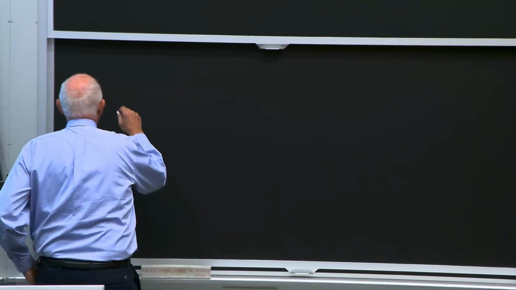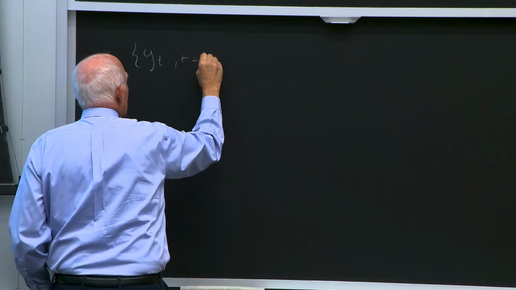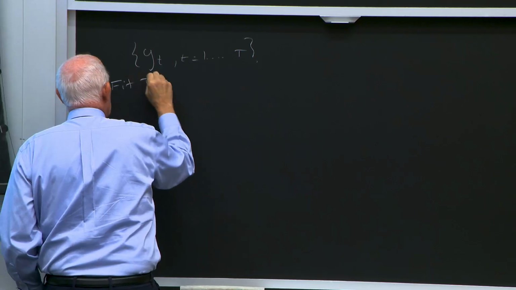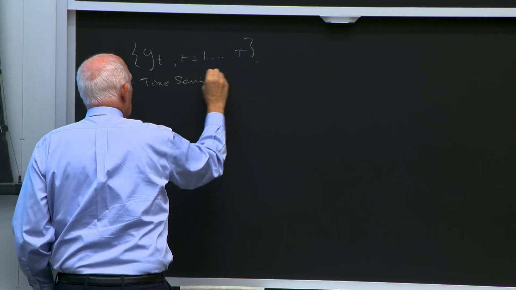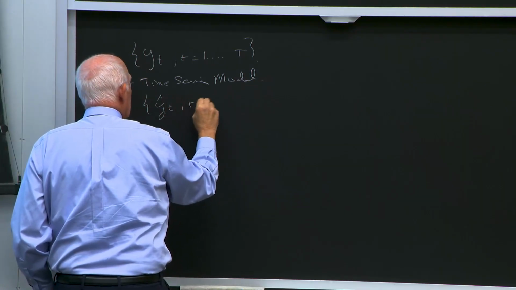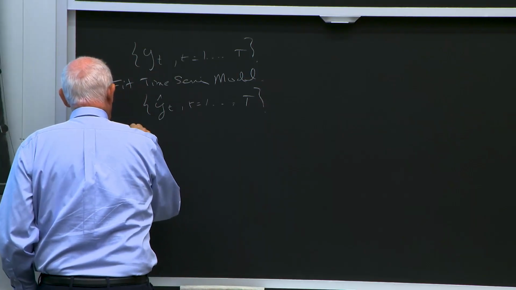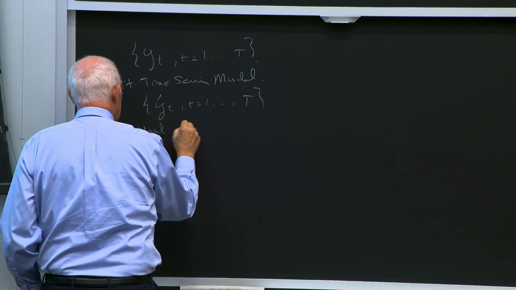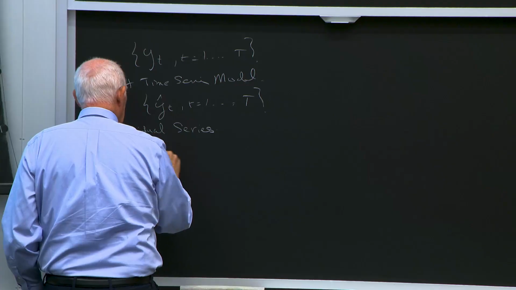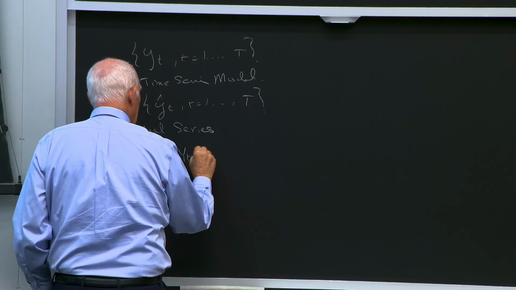And I just want to highlight how, if we fit a time series model and compute y hat t for t equals 1 to T, then the residual series from this fit of the time series model is the set of errors which are y t minus y hat t.